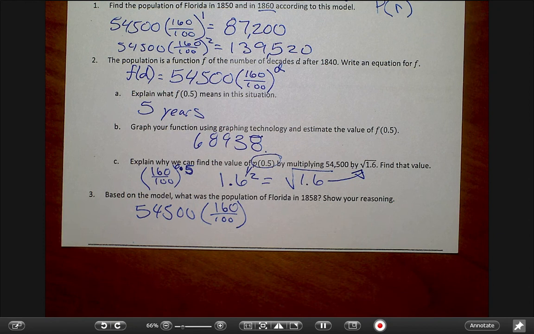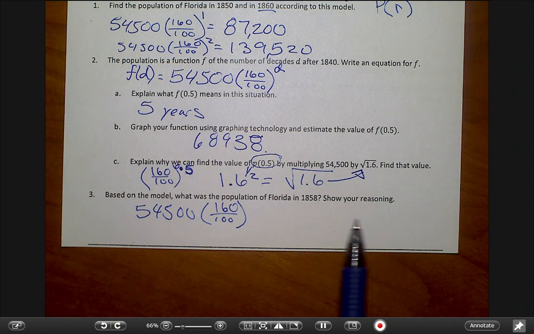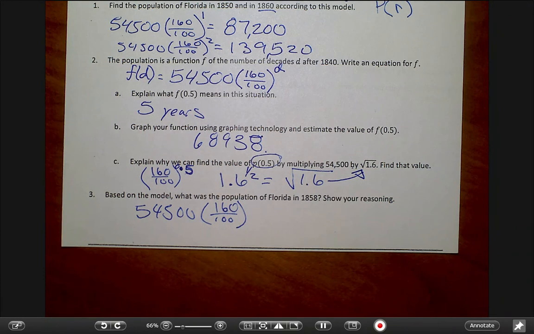Okay. All right, Fatima. Do you know what T is yet? Or what is my D value? What's my years? It is decades. But so how many years am I going to use? Not 8. Where do we start at? 18.